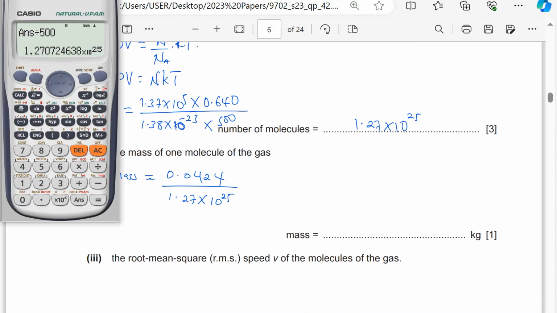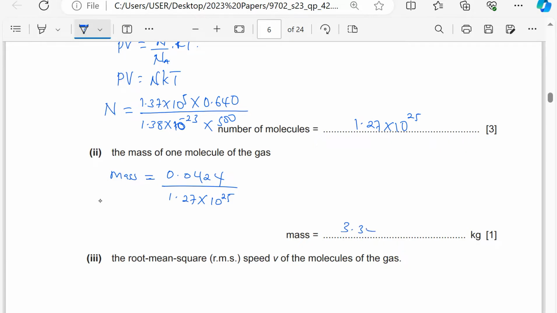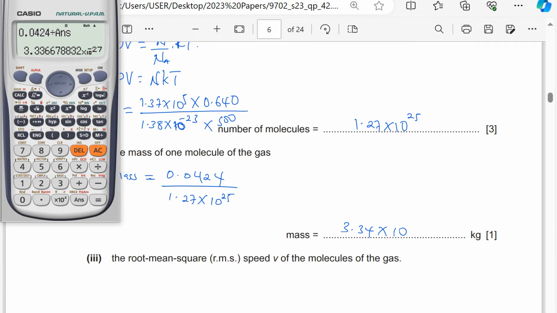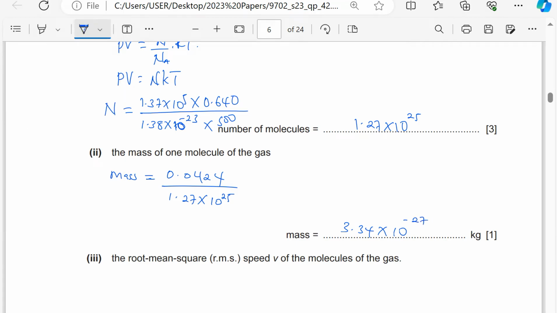Checking my calculator, that is approximately 3.34 times 10 to the power of negative 27 kilograms.